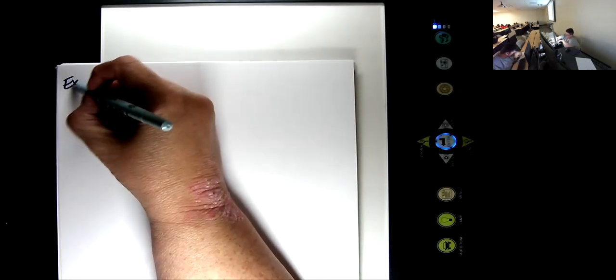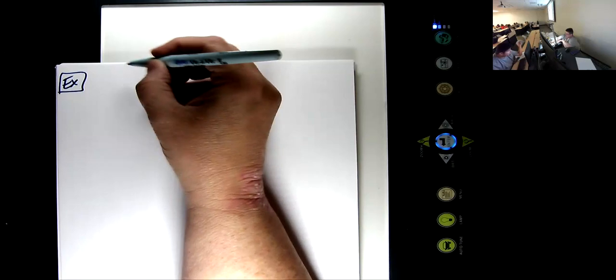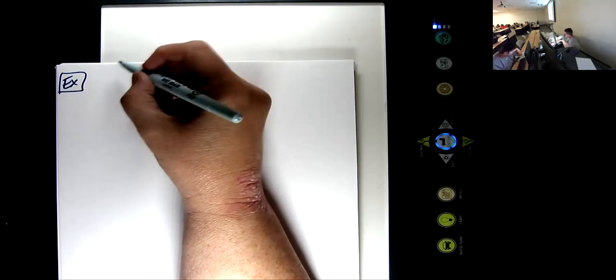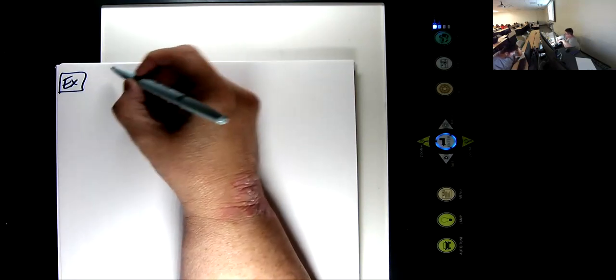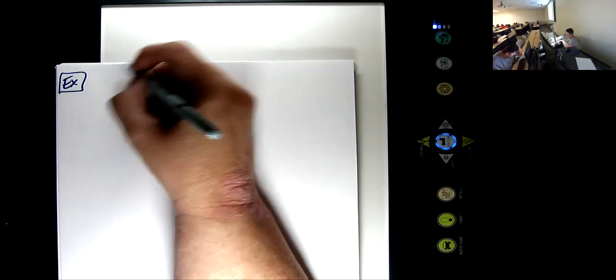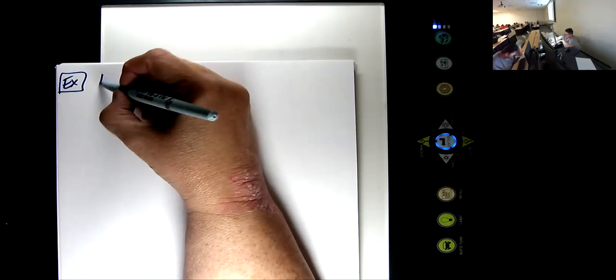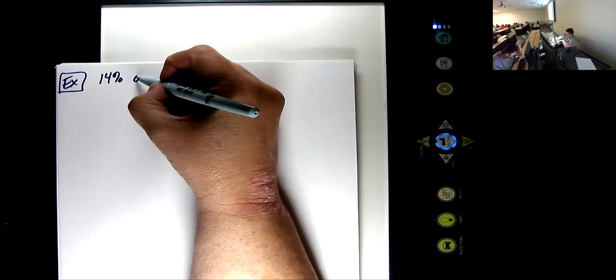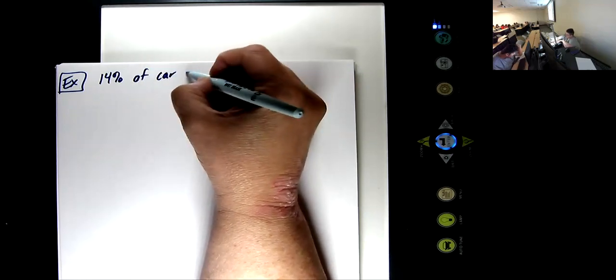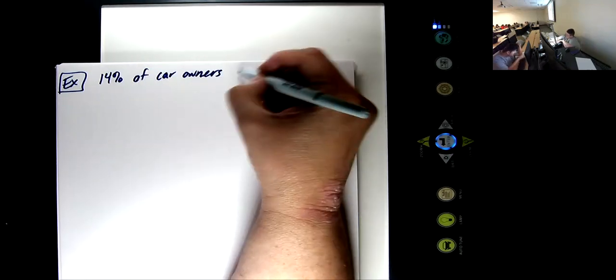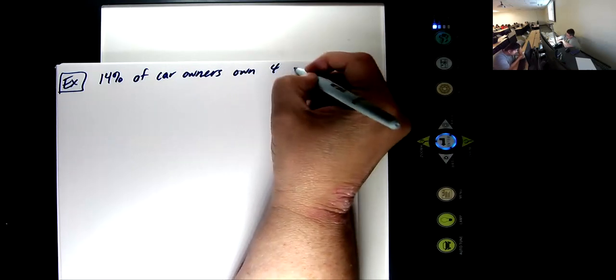So example. Let's say, I'm going to change this up from what I had before. 14% of car owners own 4 or more cars.